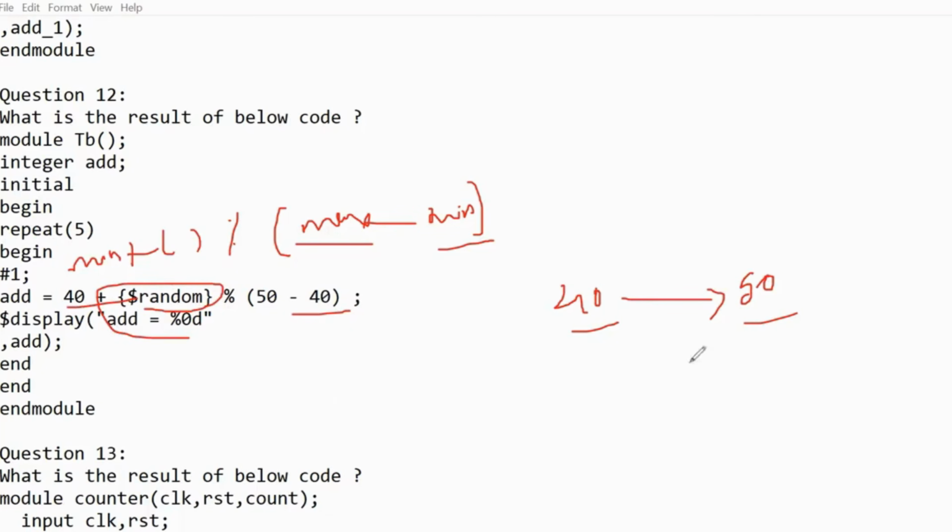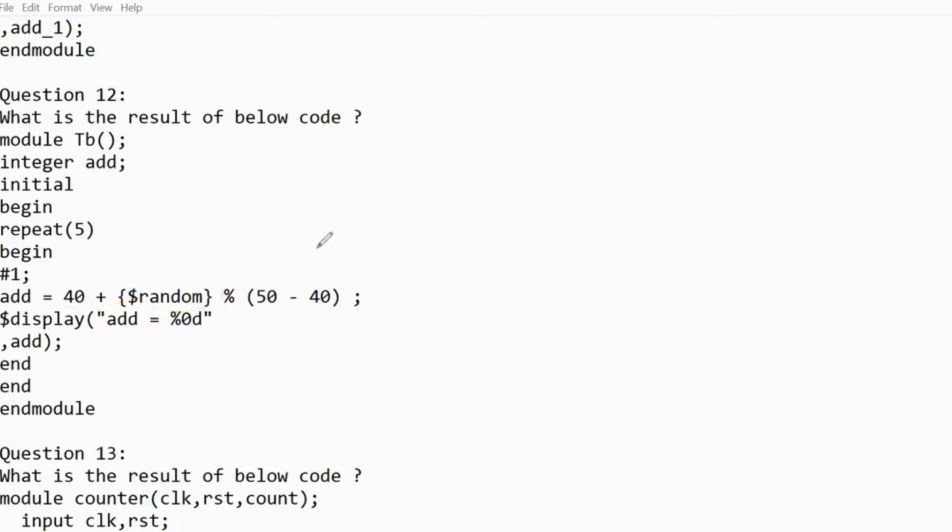How can we control? Suppose here 40 to 50 random values are generating, and we are telling it to repeat 5 number of times. It may generate 41, 42, 42 three times, and next 47.